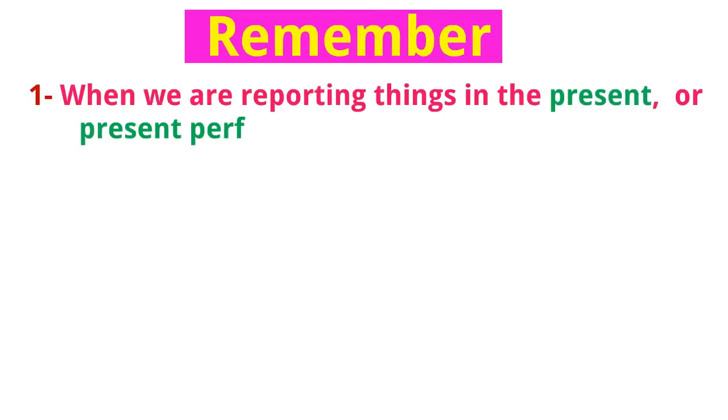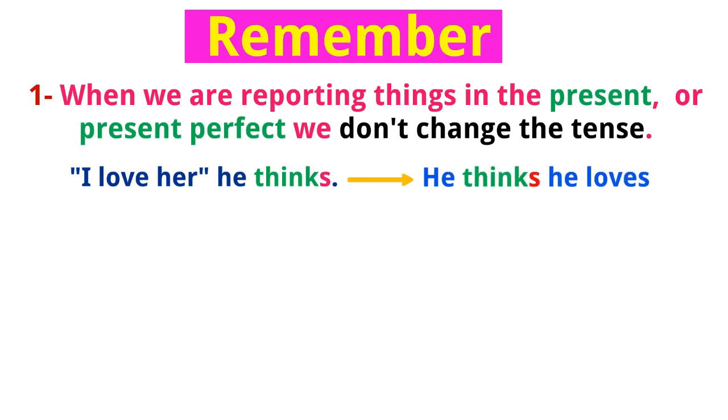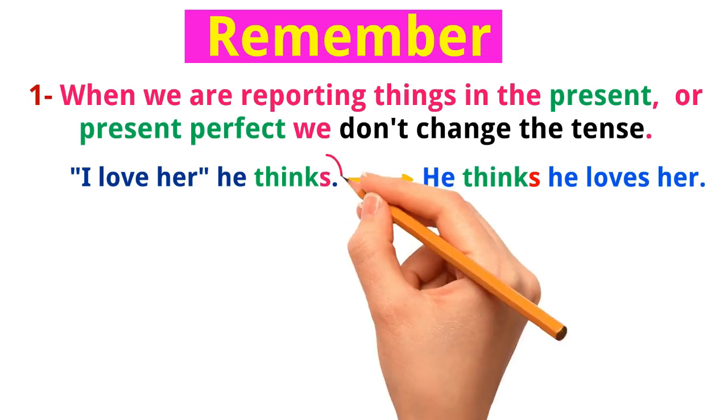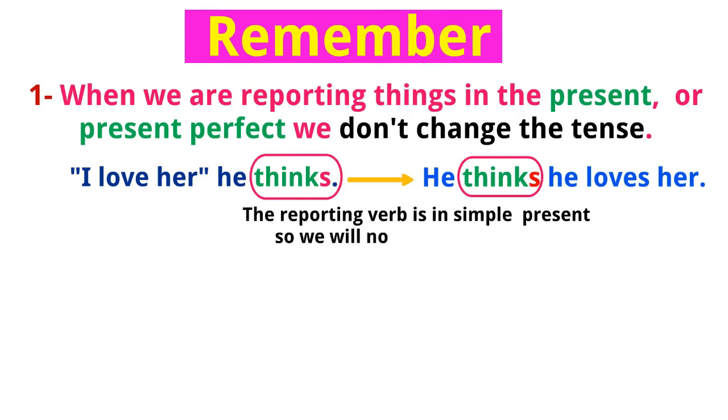Always remember this. Firstly, when we are reporting things in the present or present perfect, we don't change the tense. For example, "I love her," he thinks. In reported speech, we can say, he thinks that, or without that: he thinks he loves her. The reporting verb thinks here is in simple present, so we will not change the tense.